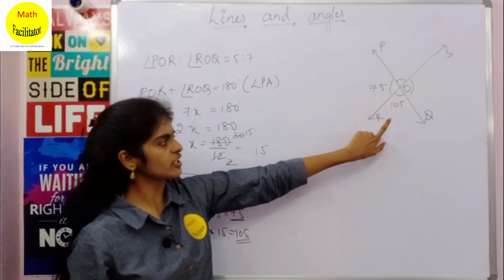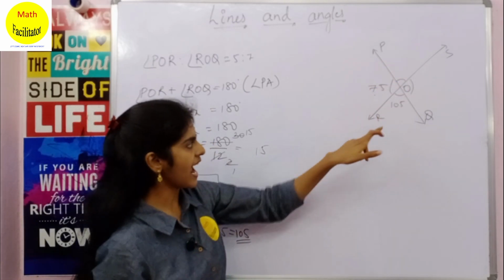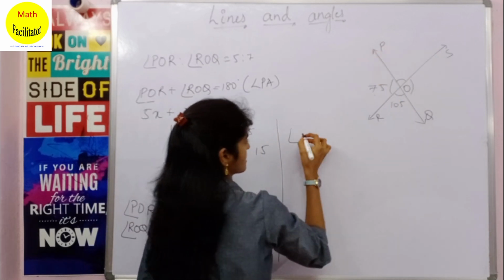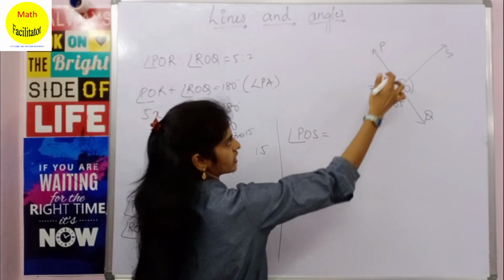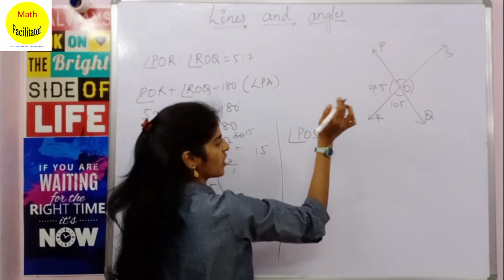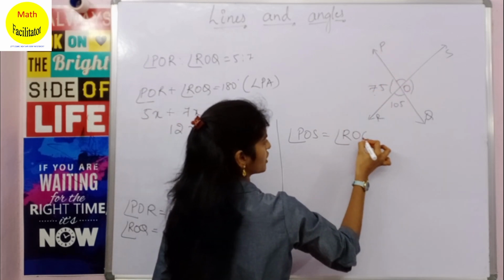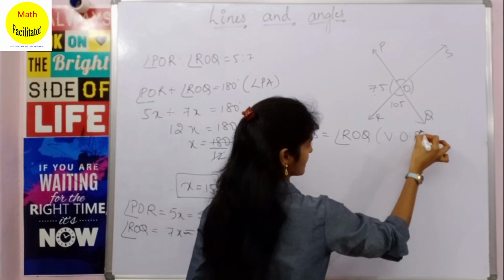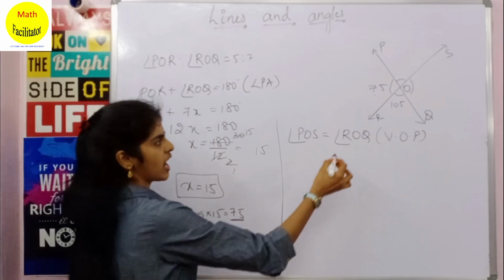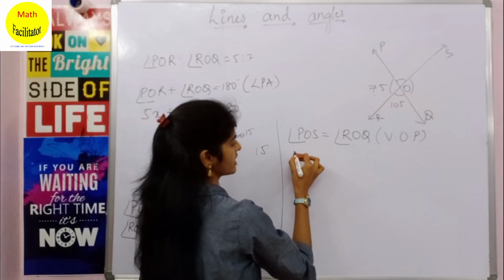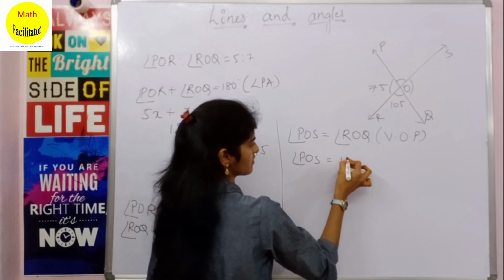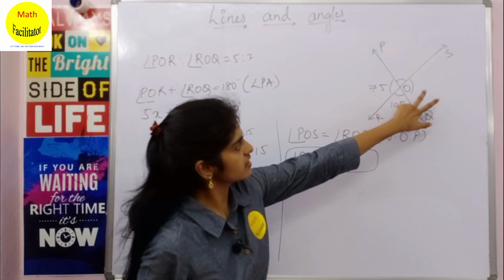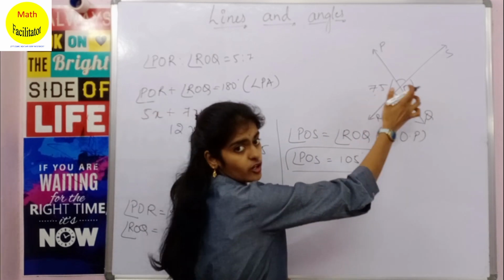Now can you tell me what are these two angles? By using the vertically opposite angles theorem, angle POS is equal to the top angle is equal to bottom angle, angle ROQ, because they are vertically opposite angles. ROQ you already got as 105. So POS is 105 degrees. Now these two angles are also vertically opposite, left and right.